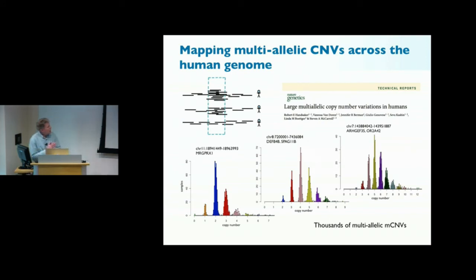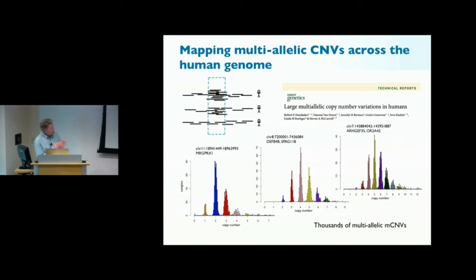We did some work on this using data from the 1,000 Genomes Project, trying to do a very thorough ascertainment of this kind of copy number variation across the whole genome using 1,000 people from the 1,000 Genomes Project. And we focused on these regions of multi-allelic copy number variation.